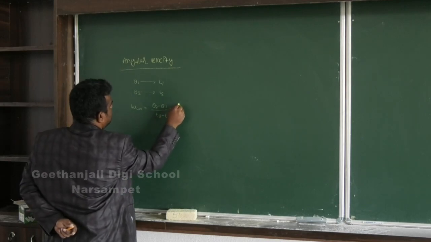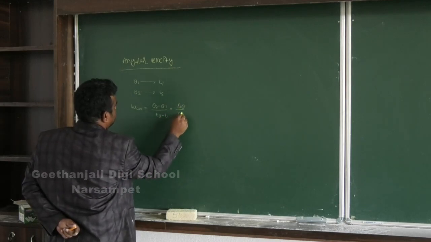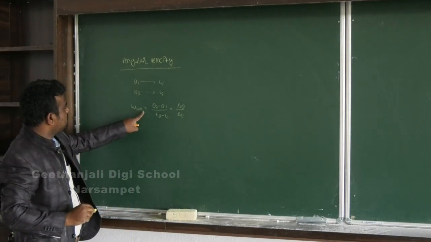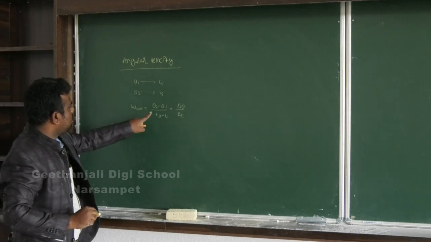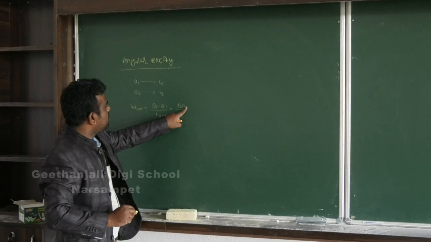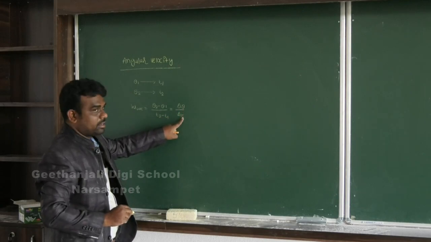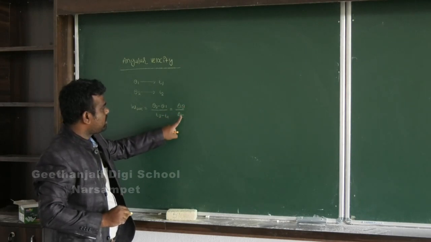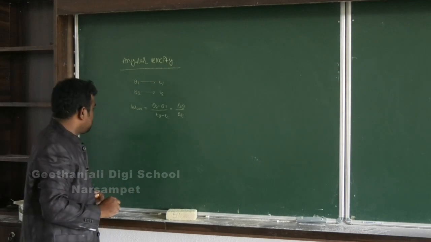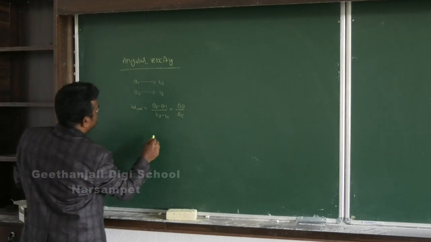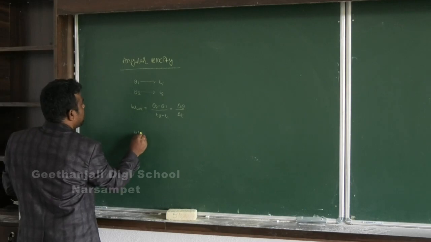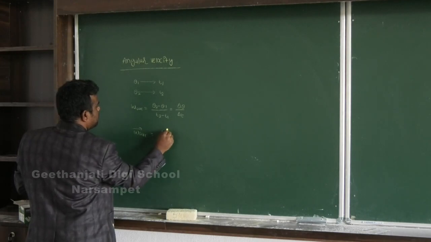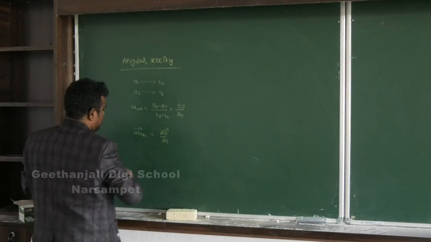This is nothing but delta theta by delta t. The average angular velocity is defined as total angular displacement divided by total time taken. You can say this average angular velocity is also a vector quantity. You can write it as delta theta vector by delta t.